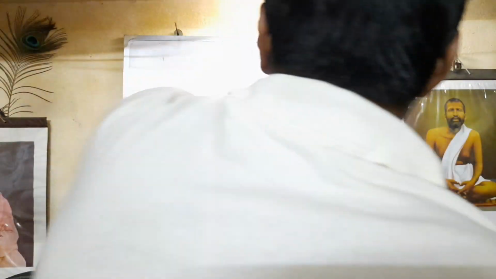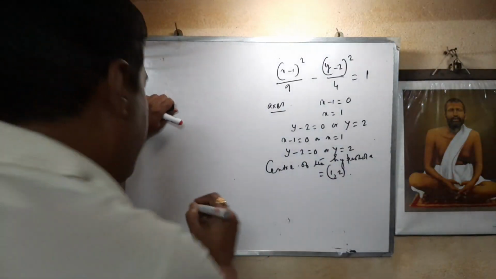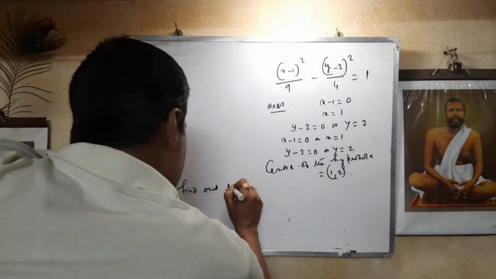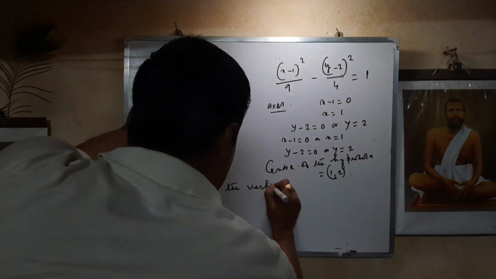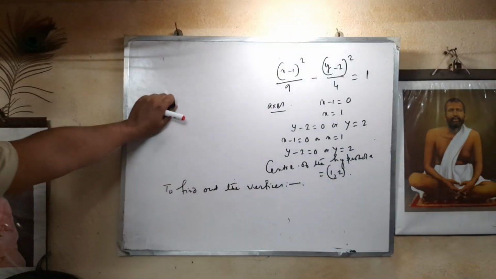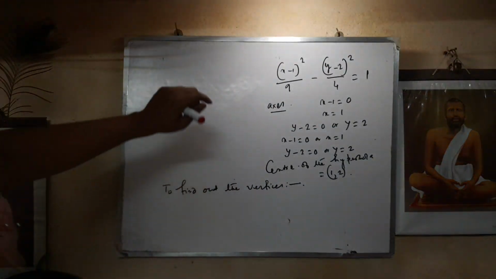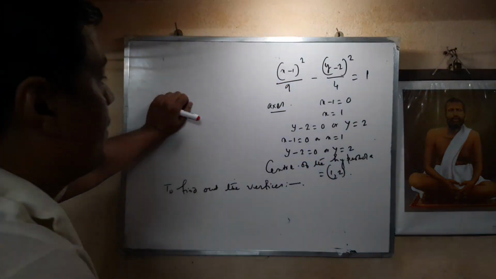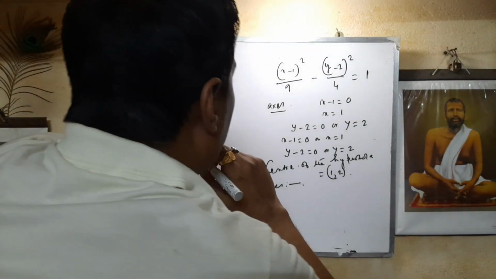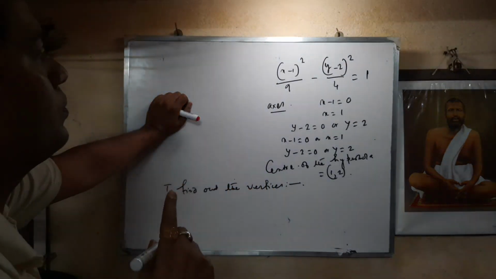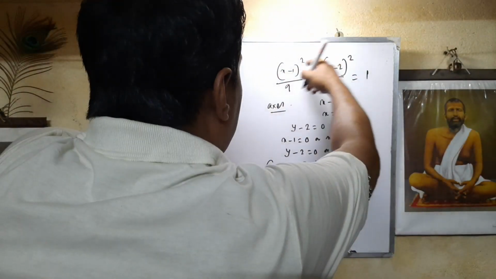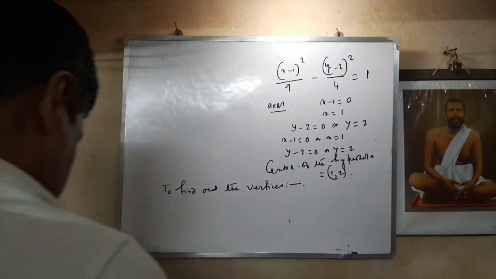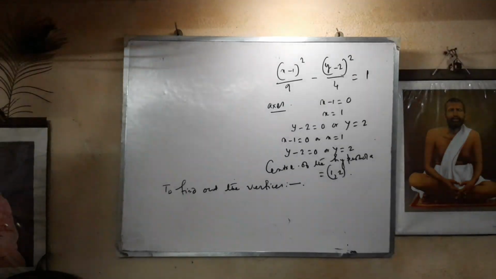Look, if I put x equal to 1 to find out the vertices, if you put x minus 1 equal to 0, okay, now you try to find out the vertices.